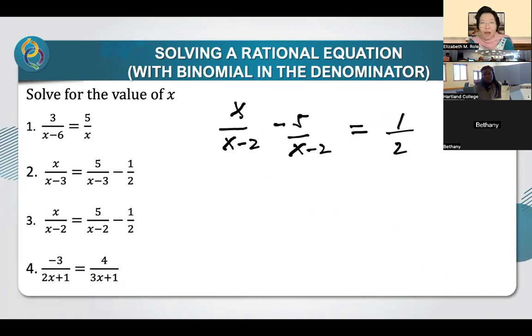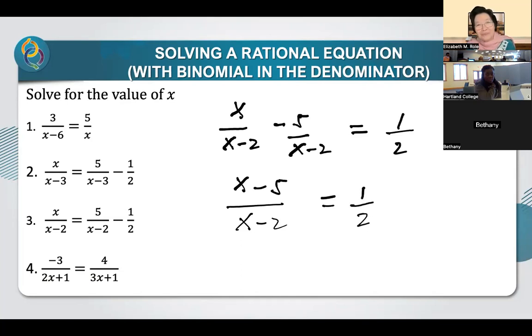Put together the ones with the same denominator. So that is a little easy. This is written as x minus 5 over x minus 2 because they have the same denominator, so you can combine the numerators, and it is equal to 1/2. And then you can do the cross multiplication.